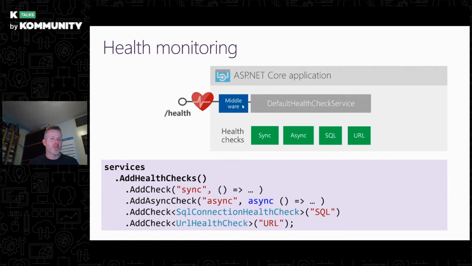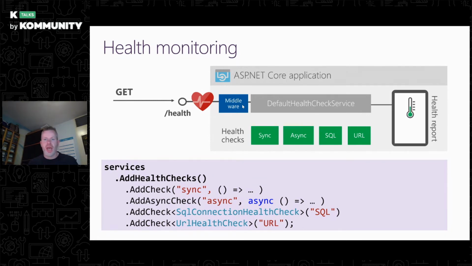And another one could be, is my URL endpoint reachable? Could be your web API, or could be a CDN network that you're relying on. Now, whenever somebody sends a GET to your health endpoint, what happens is that the health report is being built, and we start evaluating each of the health checks that were registered.